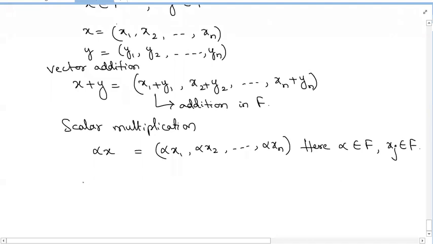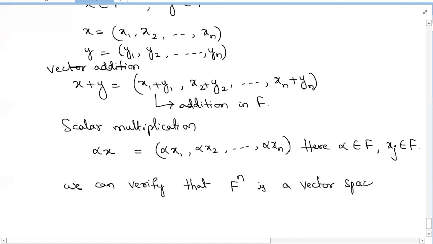So we can verify that Fn is a vector space over F. What is the zero vector here?